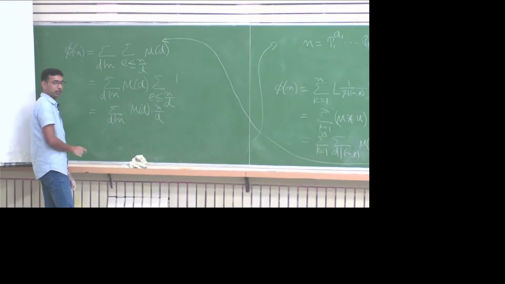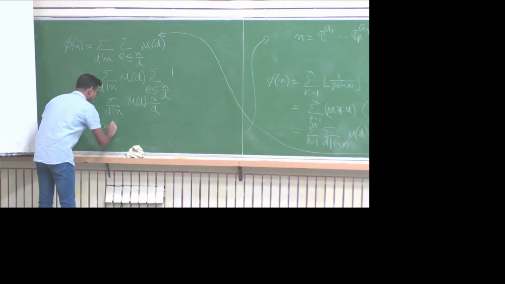And then you can take the n out. So we have n times summation over d dividing n of mu d by d.